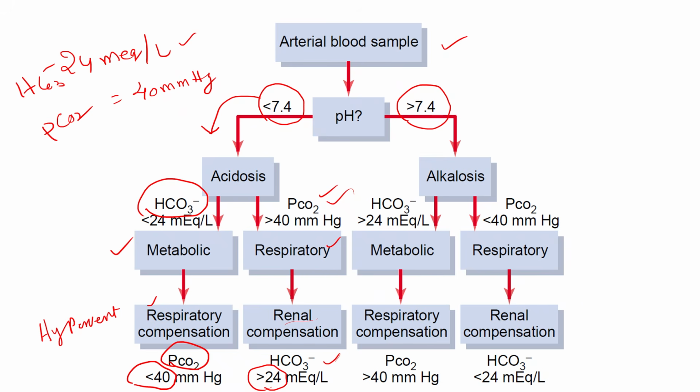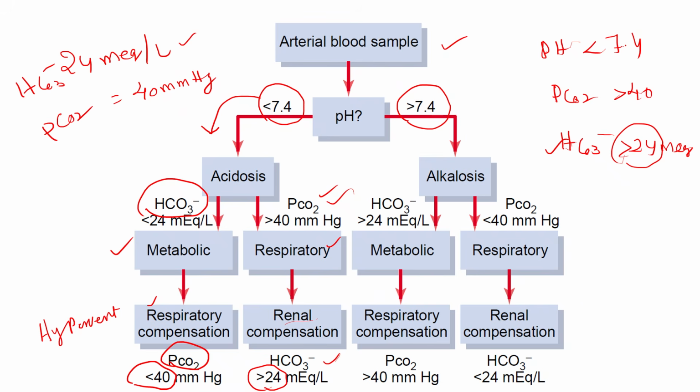So we'll take this example. pH is less than 7.4 and pCO2 is greater than 40 and bicarbonate is high. So if we individually look at the bicarbonate, which is more, we might say it is metabolic alkalosis. But the pH is towards acidosis. So pH is acidosis and the pH is favoring the increased pCO2. So here this is the change that caused the pH to fall, and this is the compensation that occurred.